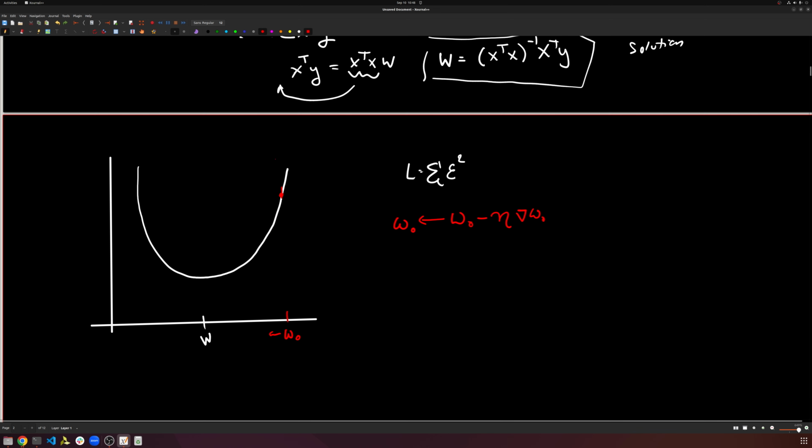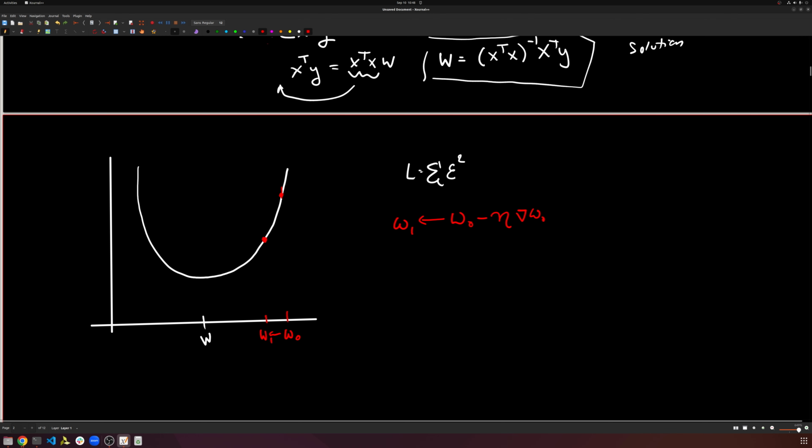We took the derivative at this point, which we saw as a positive number. We multiply it by some constant, which we'll talk about in just a bit, and then we subtract this from W0. So this is actually not W0, this will be W1. So now we are here, W1. We've done a small gradient update, and now we're here on the curve.